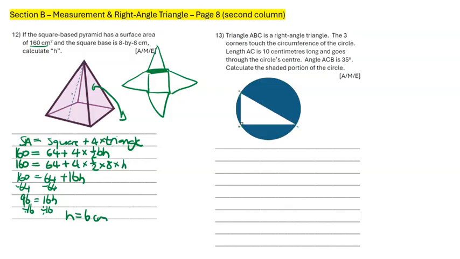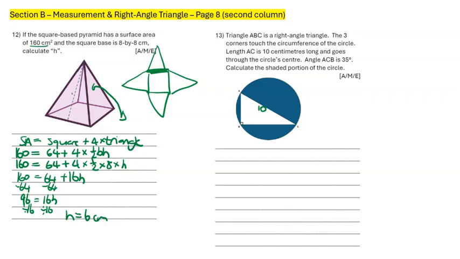Length AC is 10 centimeters, so AC is the one going here. So we know that there is 10, so let's write that in. And that's useful because, as it's a right angle triangle, if we need to use Pythagoras' theorem or trigonometry, we've got one of the sides to use as an input. And it goes through the circle center.